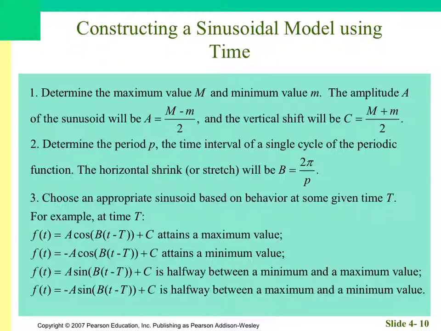And to get c, or in the other form k, max plus min divided by 2. B equals 2 pi divided by the period, which you get from period equals 2 pi divided by b. Okay?